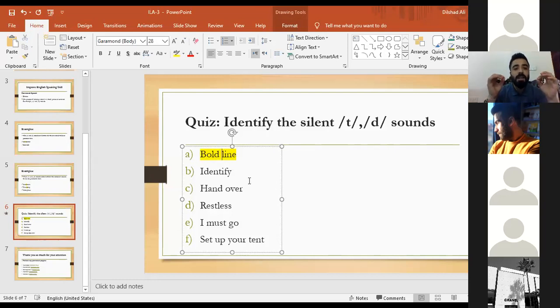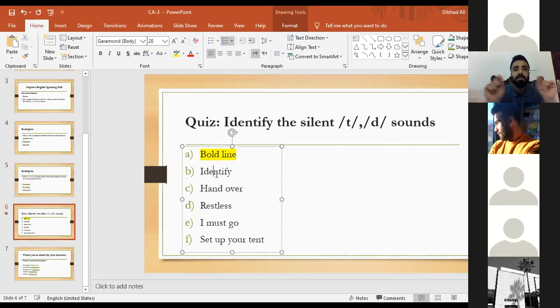So we read both te and de sounds. Why? Because none of them are coming between two consonant sounds. We have E sound, again we have E sound. We pronounce them. B is not the correct answer, or we do not identify B. Why?